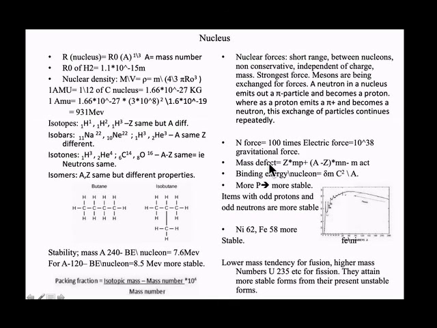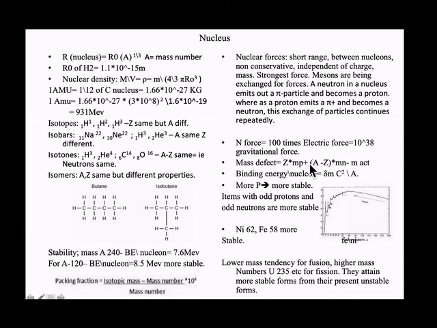Now what is this mass defect? Mass defect is: with Z the atomic number, Z times the mass of proton, plus (A minus Z) times the mass of neutron, plus Z times the mass of electron. All three will come.